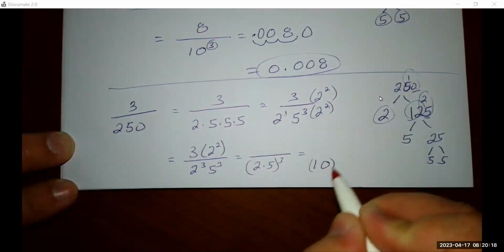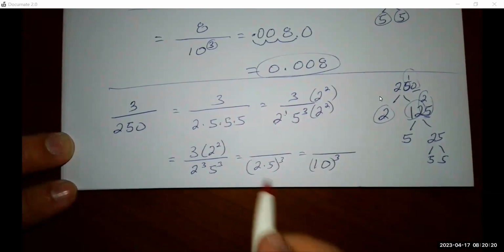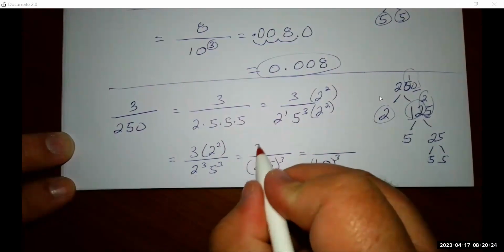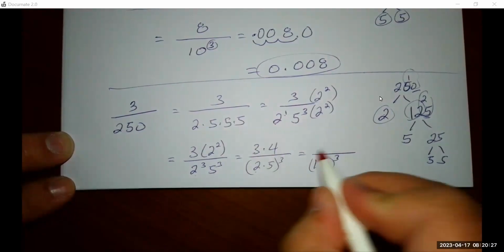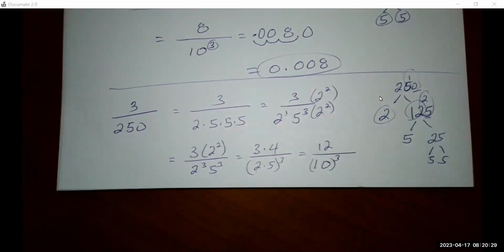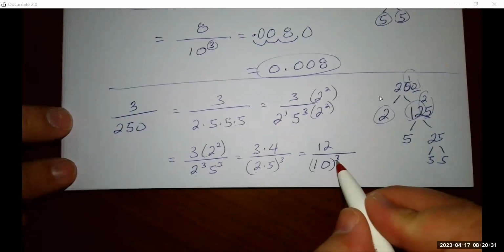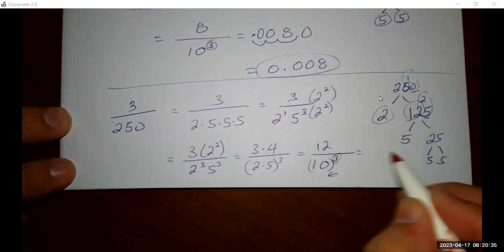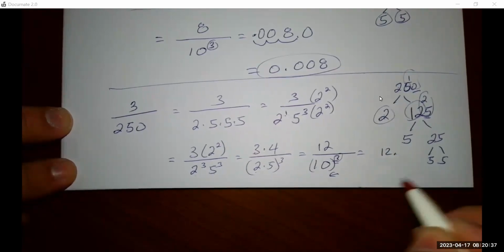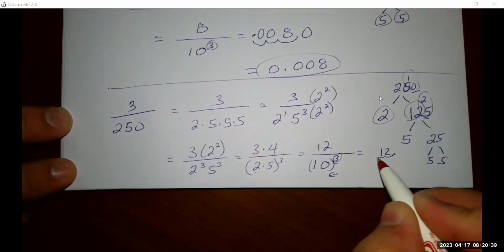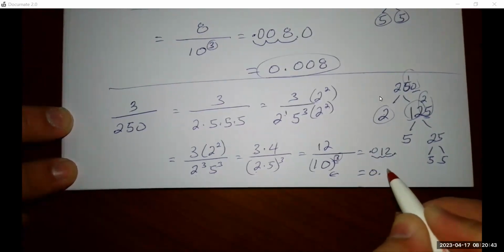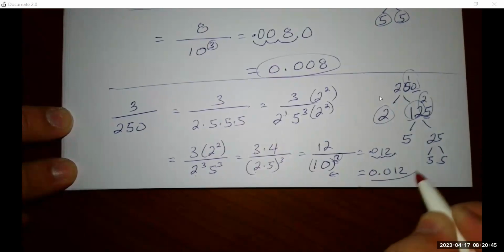So it's 10 to the third. That's the bottom. 2 squared is 4. 3 times 4 is 12. Since it's on the bottom, move it left 3 spaces. There's a decimal. 1, 2, 3. So the answer is 0.012.